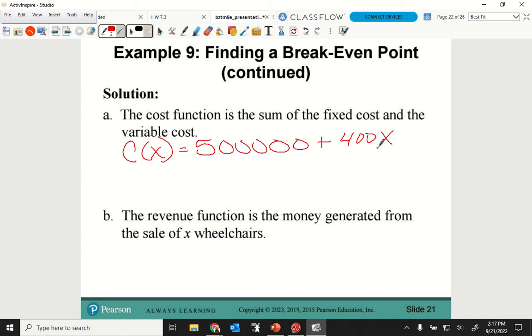Now the next one says the revenue function is the money generated from the sale of x wheelchairs. So that's going to be my R, my revenue of x. How much did I sell each wheelchair for? 600 for each wheelchair x. Does that make sense? I'm just plugging in numbers here, right? You're just plugging in numbers.